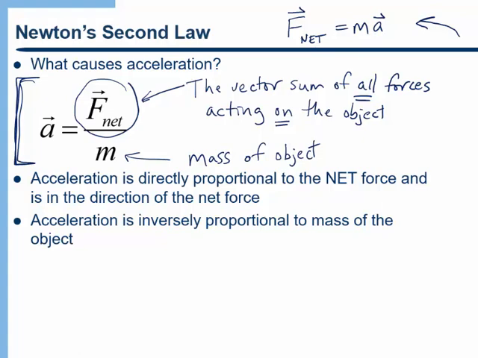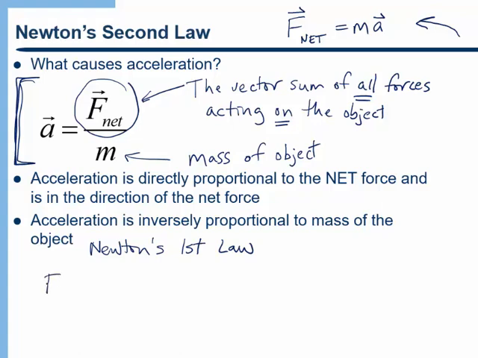One of the things that you'll notice is that as soon as we write down Newton's second law, we realize we really don't need Newton's first law anymore, because in fact it's incorporated in Newton's second law. Newton's first law is simply a special case of Newton's second law.